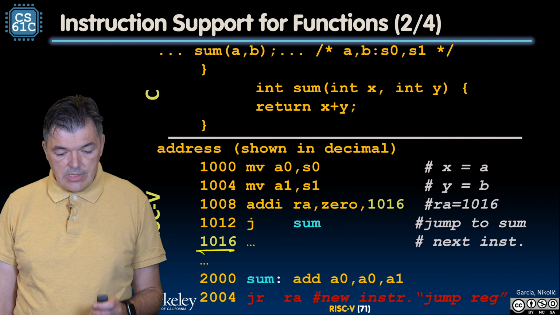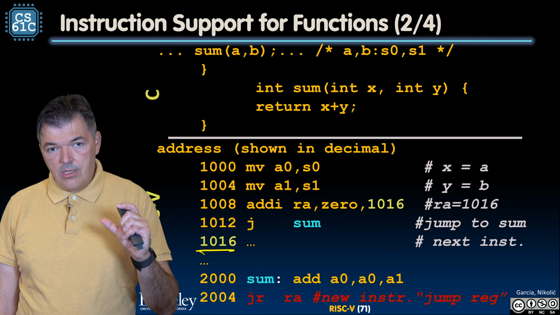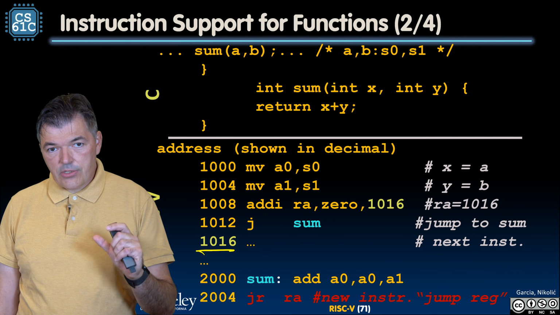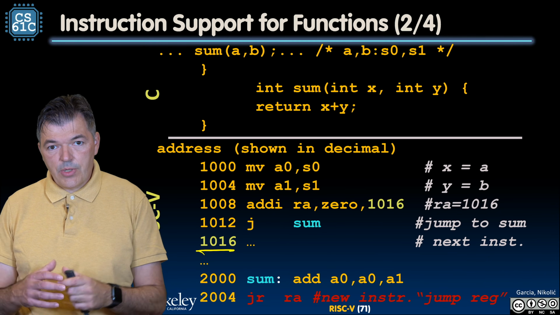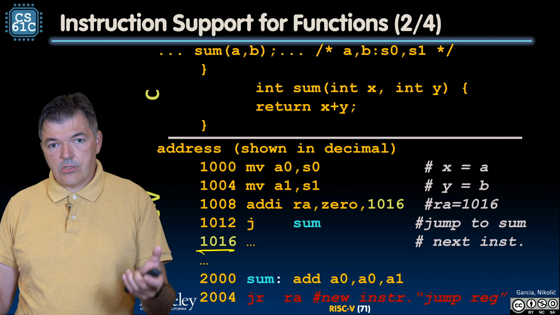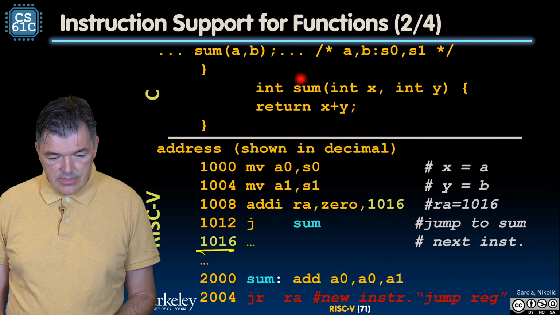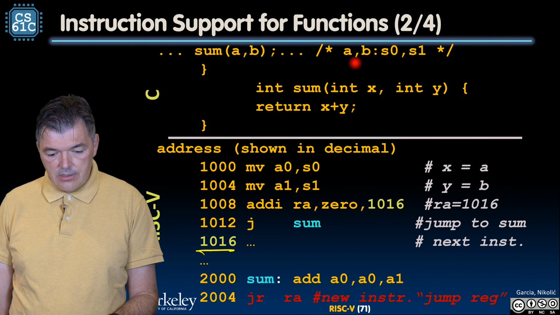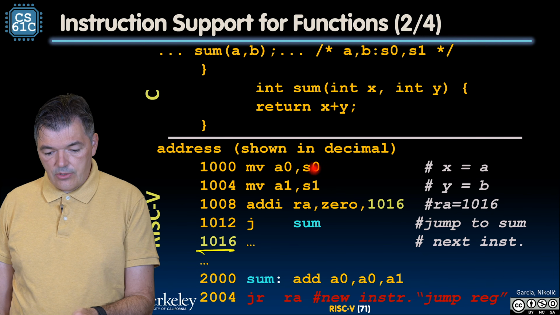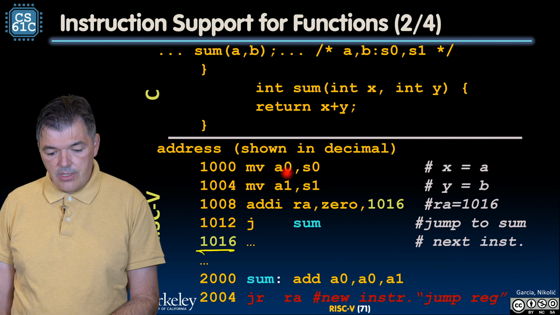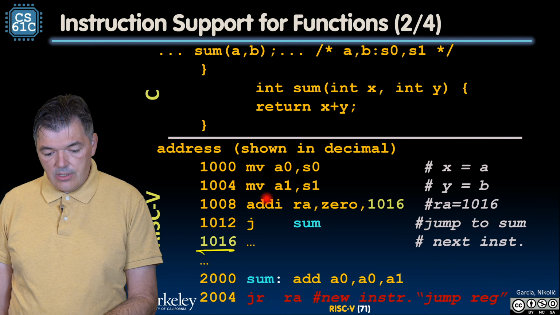So what happens here? When the main is calling the function, what it needs to do is prepare things so the function can find them. First, the values A and B are going to be stored in S0 and S1. So we are going to move S0 to A0 and S1 to A1.